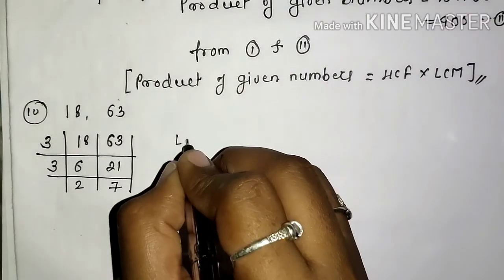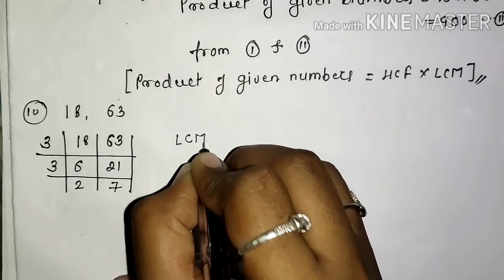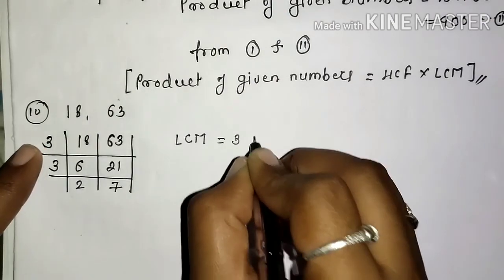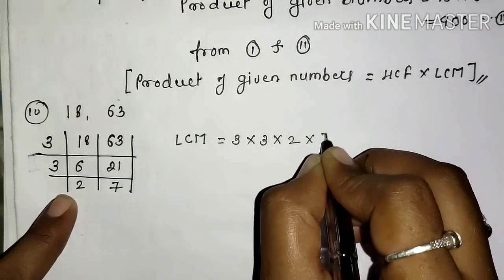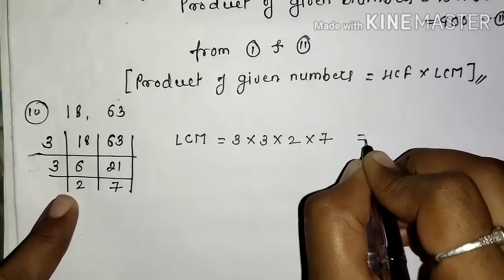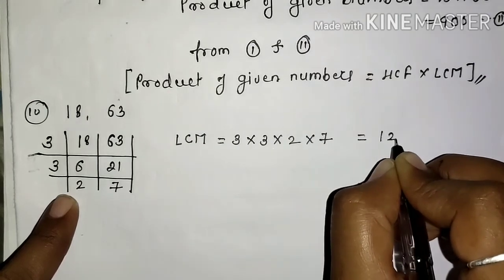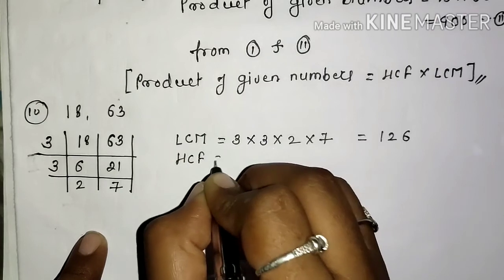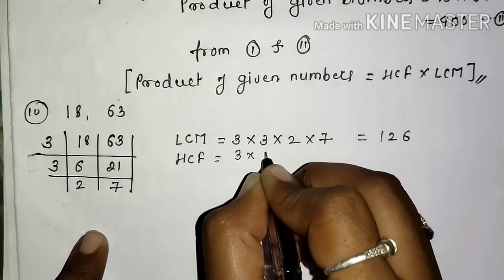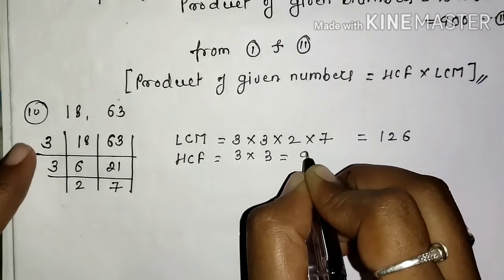So we get here LCM is equal to 3 multiplied by 3 multiplied by 2 multiplied by 7, which is equal to 126. HCF is equal to 3 multiplied by 3, which is equal to 9.